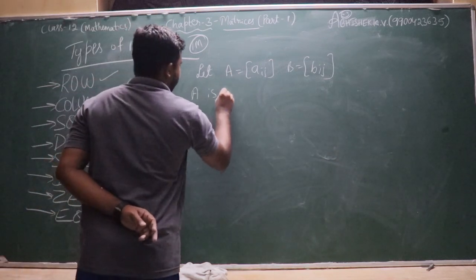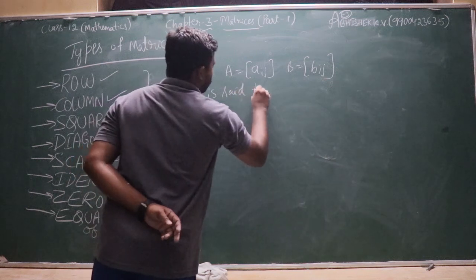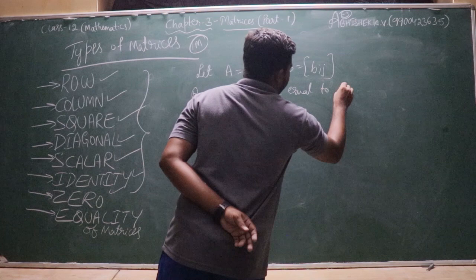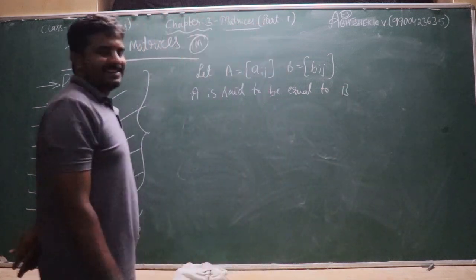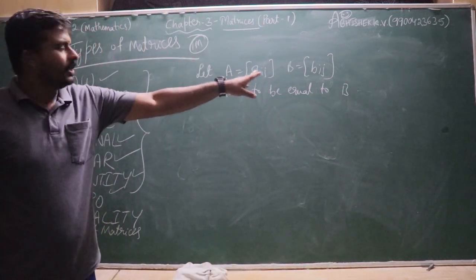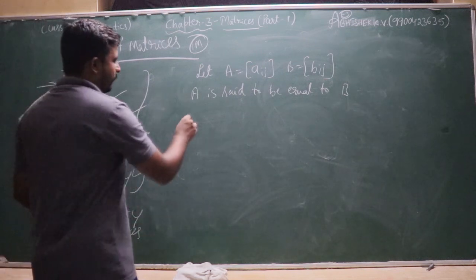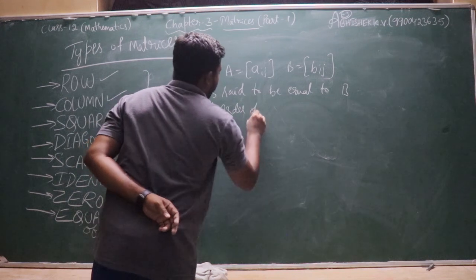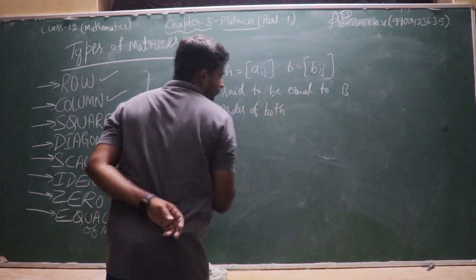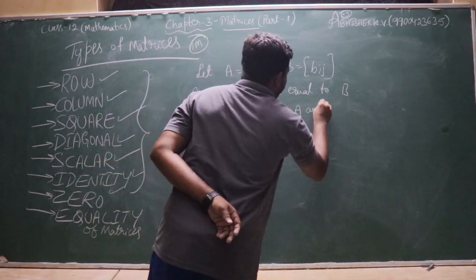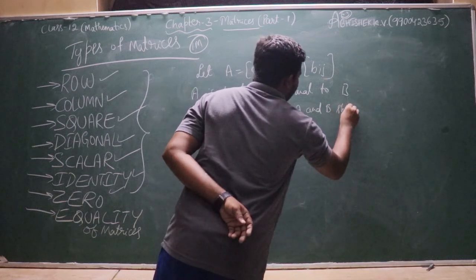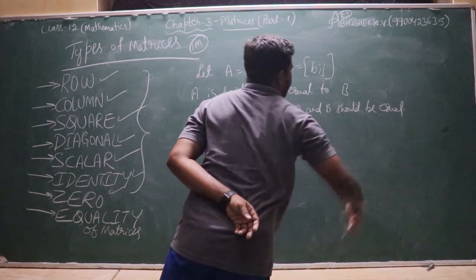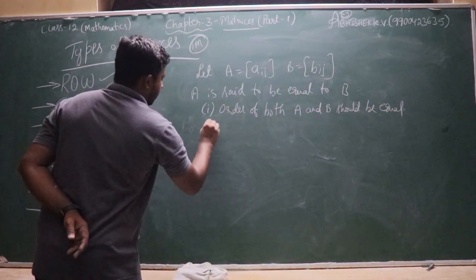A is said to be equal to matrix B. The first condition: the order of both matrix A and B should be equal.